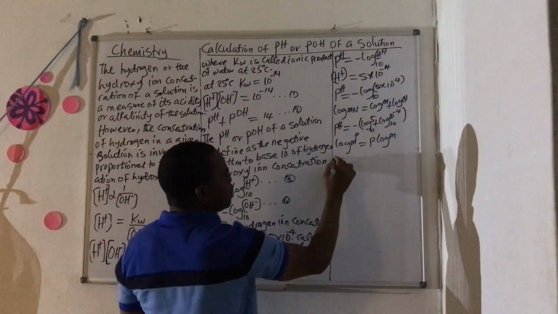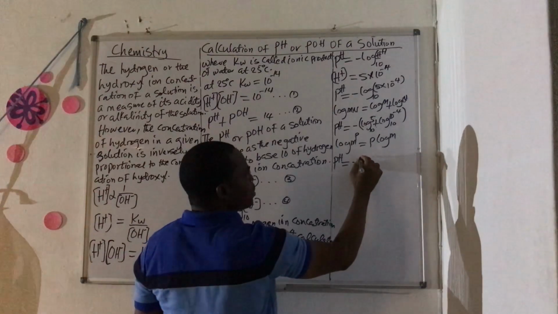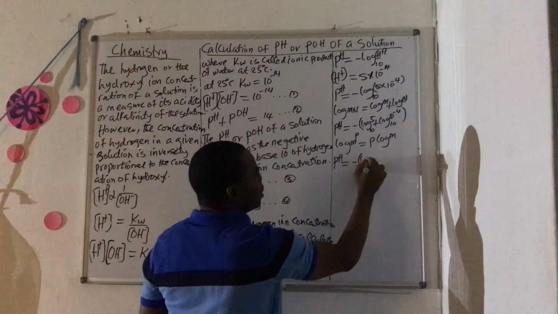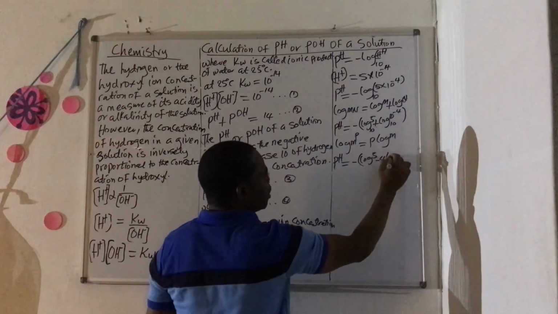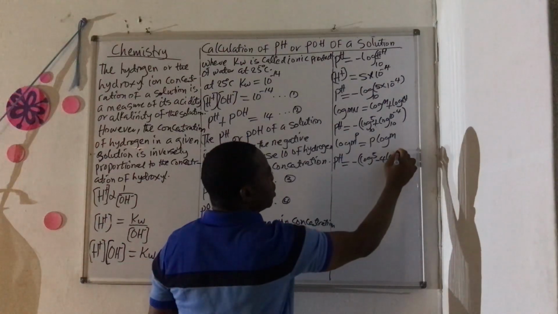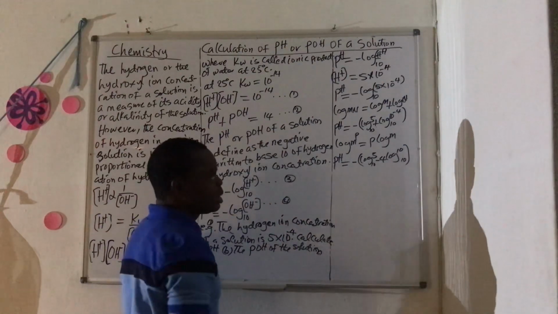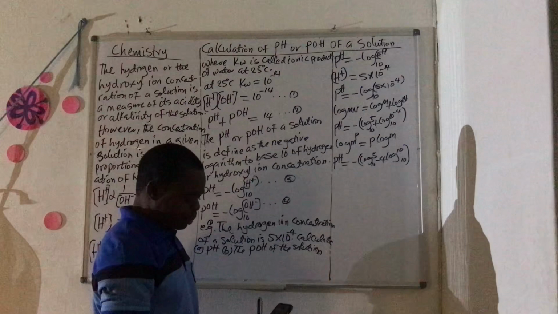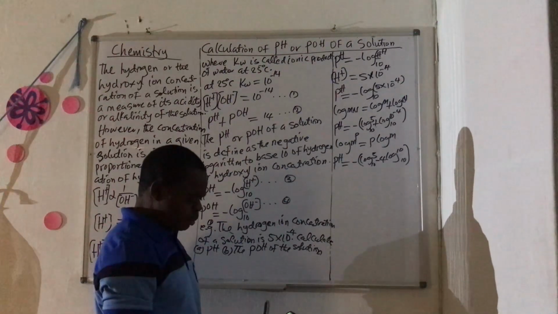So pH is minus, open bracket, log 5 minus 4 log 10 base 10. Of course, we know that log 10 is 1.